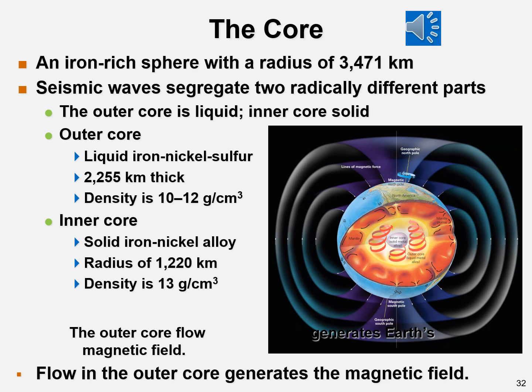The inner core is a solid iron-nickel alloy created from the chemical convection of the outer core. As part of this process, iron-nickel precipitates as a solid onto the inner core, making it gradually thicker over the eons. The radius of the inner core is 1,220 kilometers and it has a density of 13 grams per cubic centimeter.